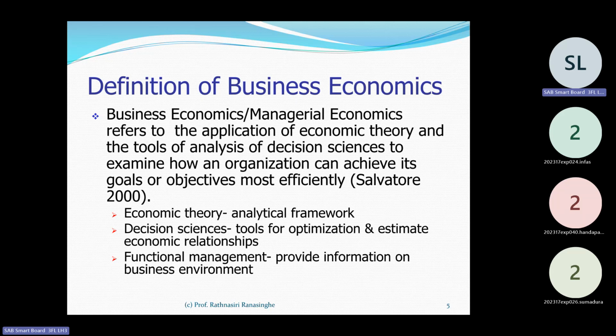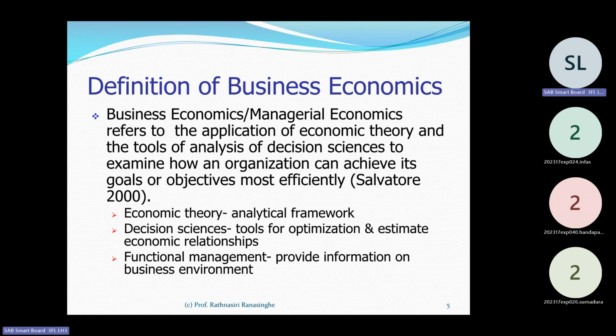So there are functional areas. We need information, because we need to know about the financial matters. For production, we need to make the payments for factors of production, and so on, right? So we have to look at this financial information, right?